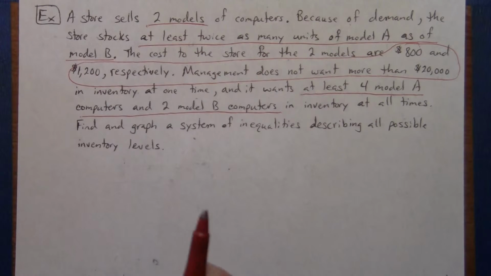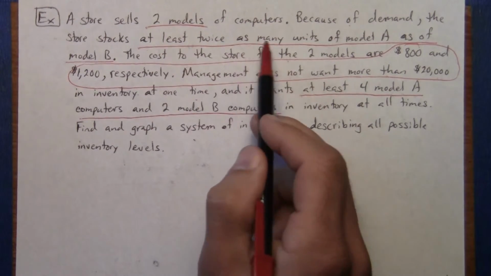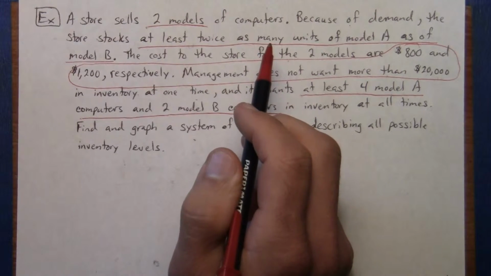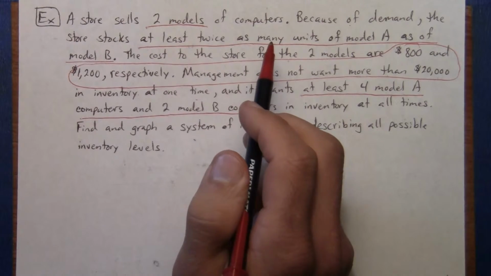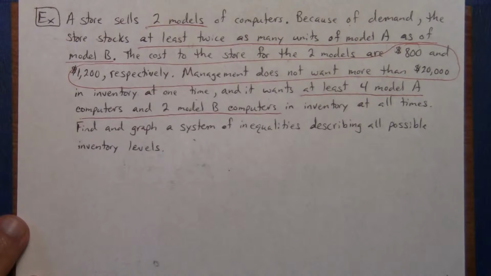So let's take a look at the first one that I have underlined. It says at least twice as many of model A as model B. So at least twice as many of model A. Think about what you have to do to that.